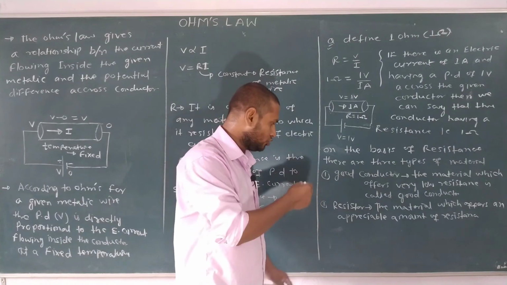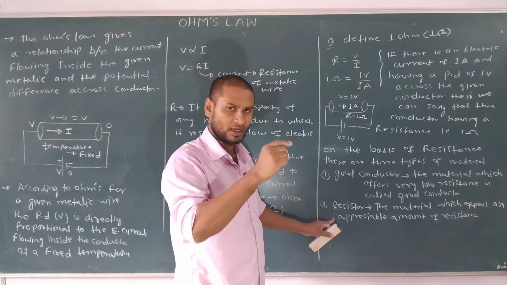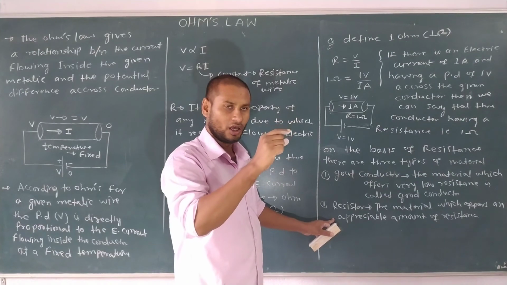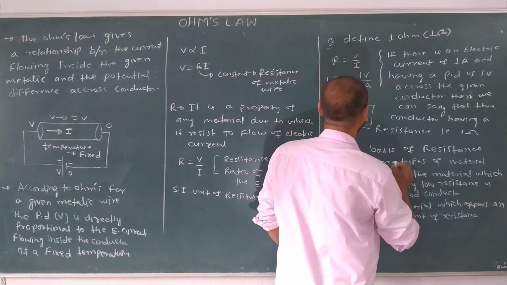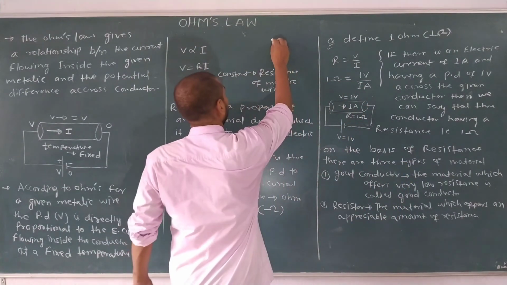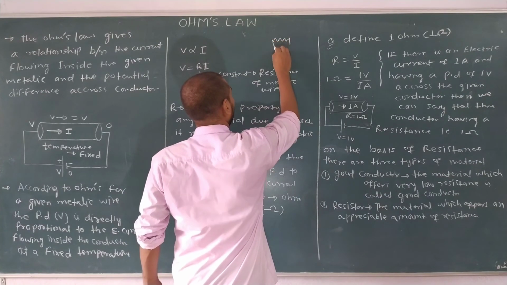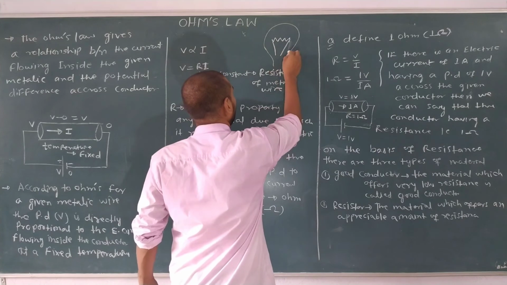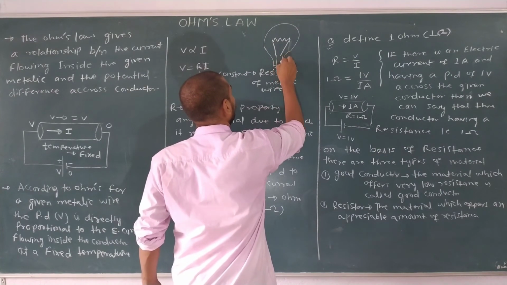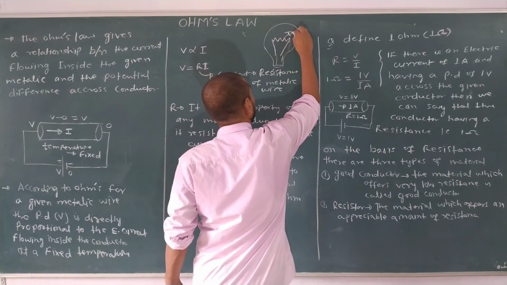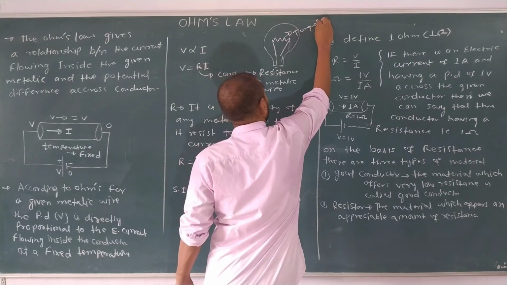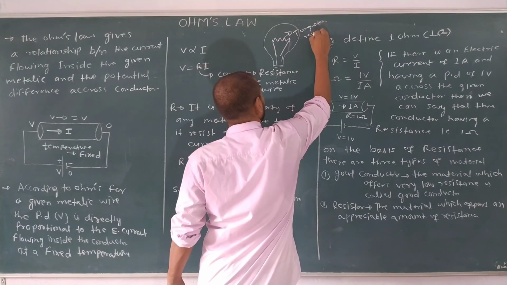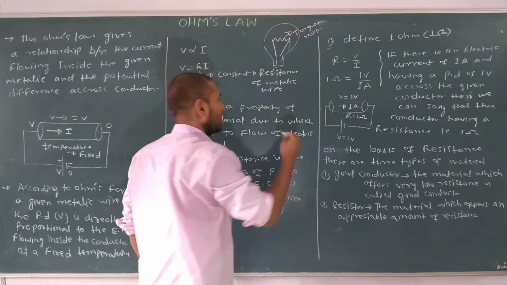We know that it is used in a bulb, in an Edison bulb. Suppose this is the bulb. This is the filament of the bulb, and it is made of tungsten. This is a resistor made up of tungsten.